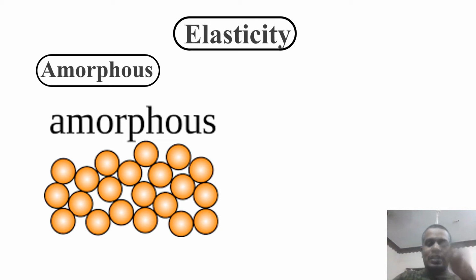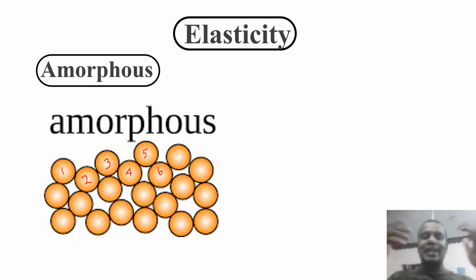The first atom is located here, the second atom is down, the third atom is slightly up, the fourth is slightly down, the fifth is even topmost, the sixth is slightly down. That means there is no ordered structure. The atoms are arranged in a disordered manner, or randomly arranged.